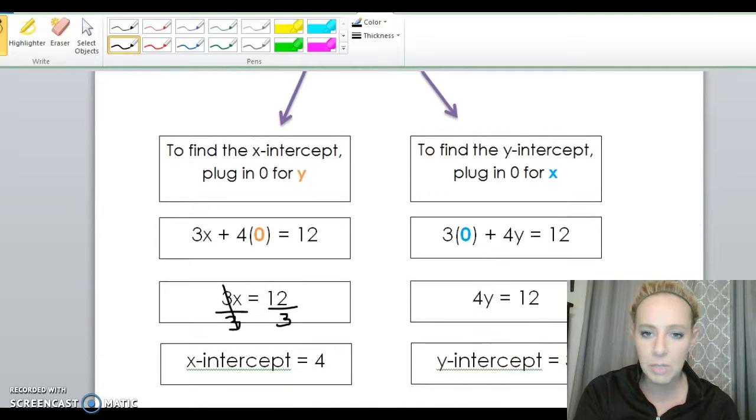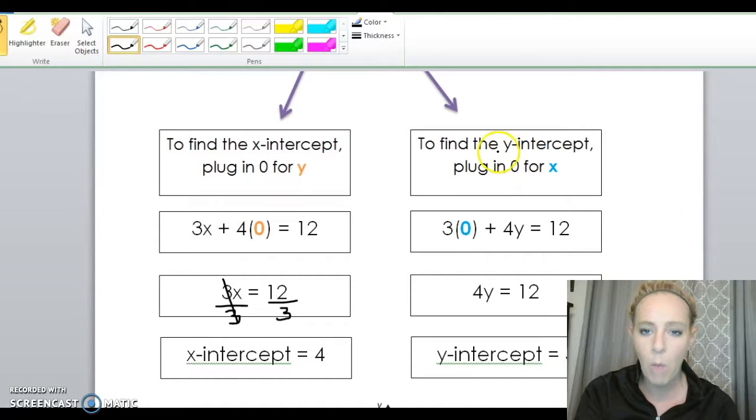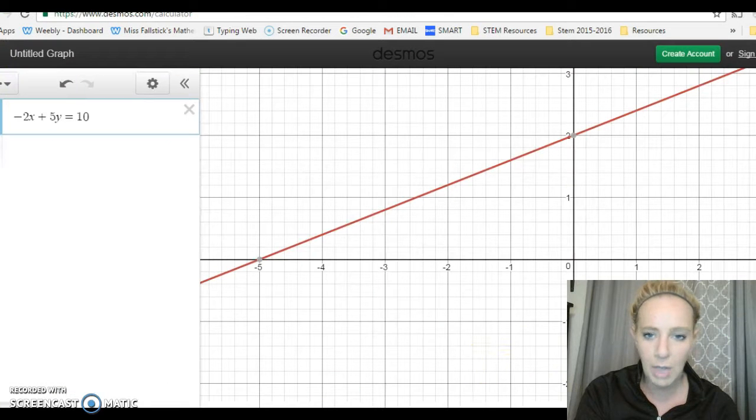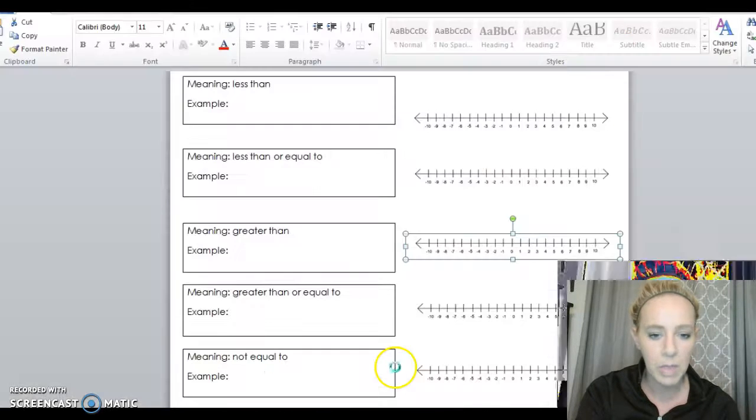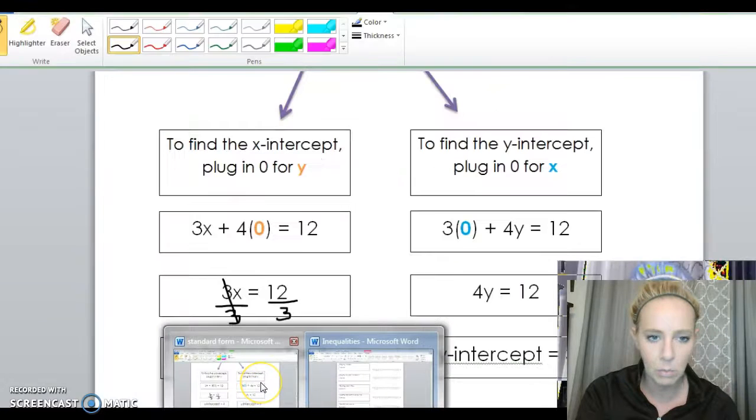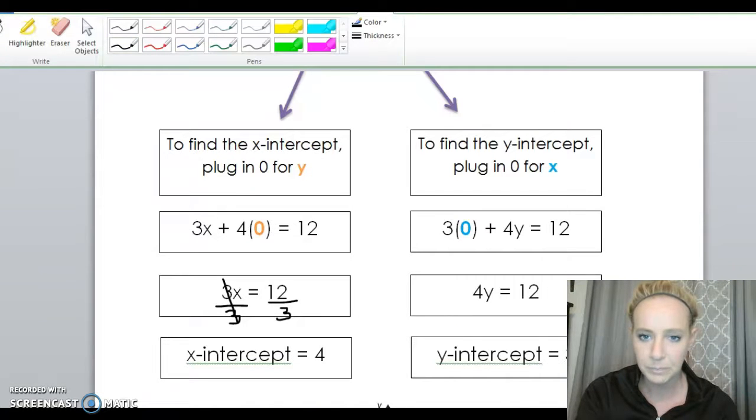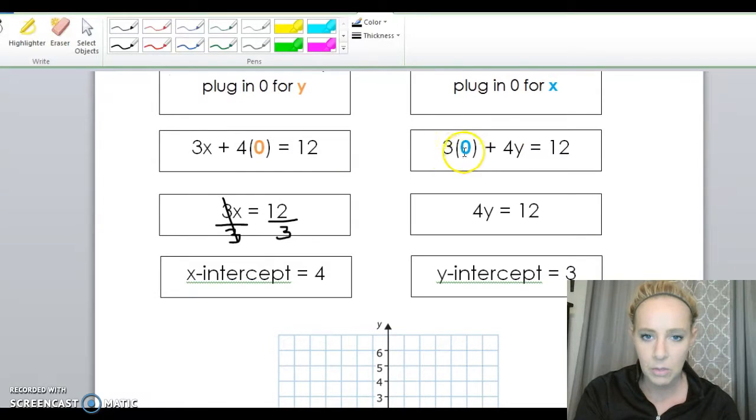I'm going to do the same thing on the other side, but to find the y-intercept, I'm going to plug in 0 for x. Again, looking at our line, when the line crosses the y-axis, x is 0. The coordinate is 0, 2. So we can plug in 0 for x. 3 times 0 cancels out because anything times 0 is 0.